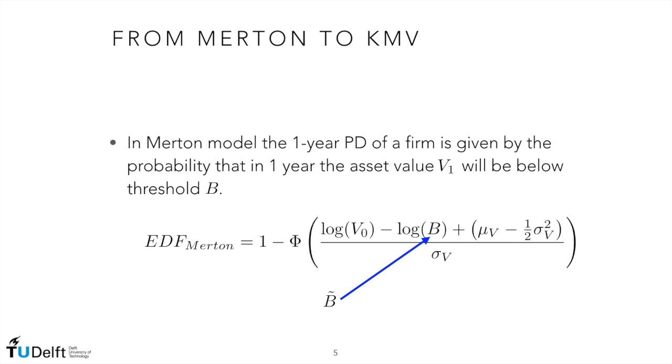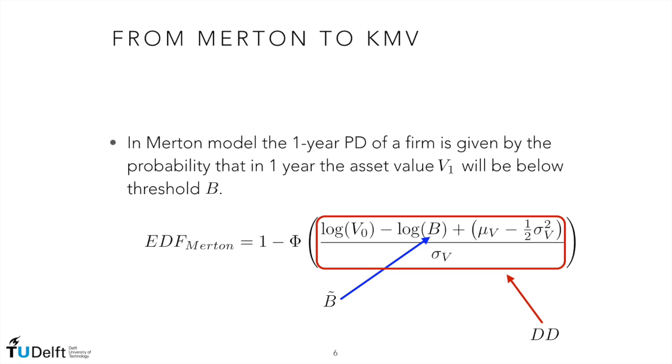We then substitute capital B, that is the liability level according to Merton's model, with a capital B tilde, which is a more representative quantity of the complexity of the liability structure of a company. We are here considering all the liabilities that are payable within 1 year, so also considering all the intermediate payments.